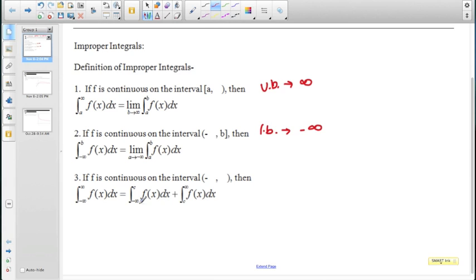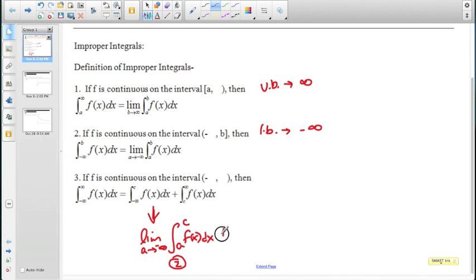This would fall into a case of the lower bound going to negative infinity, so this would be the limit as a goes to negative infinity of the integral from a to c of f of x dx, or case 2 from above.